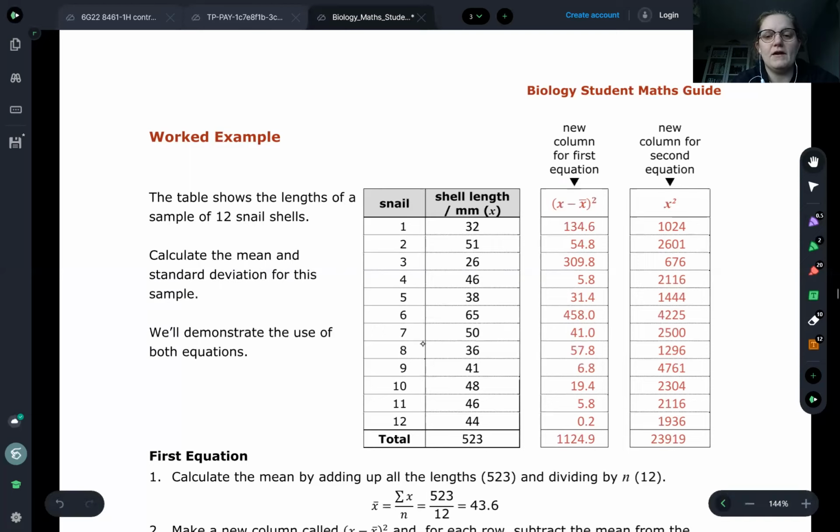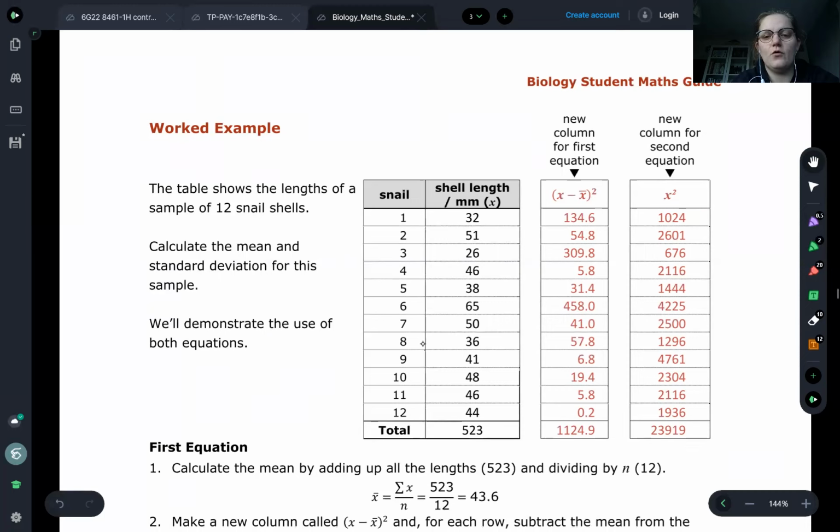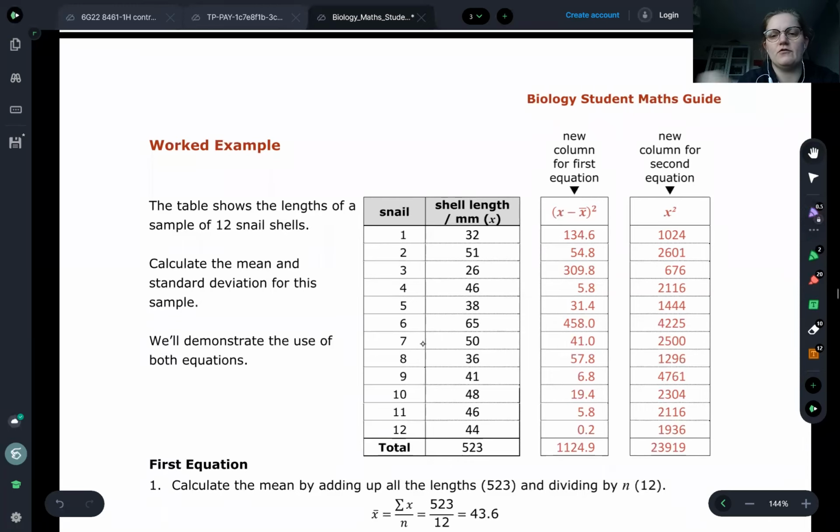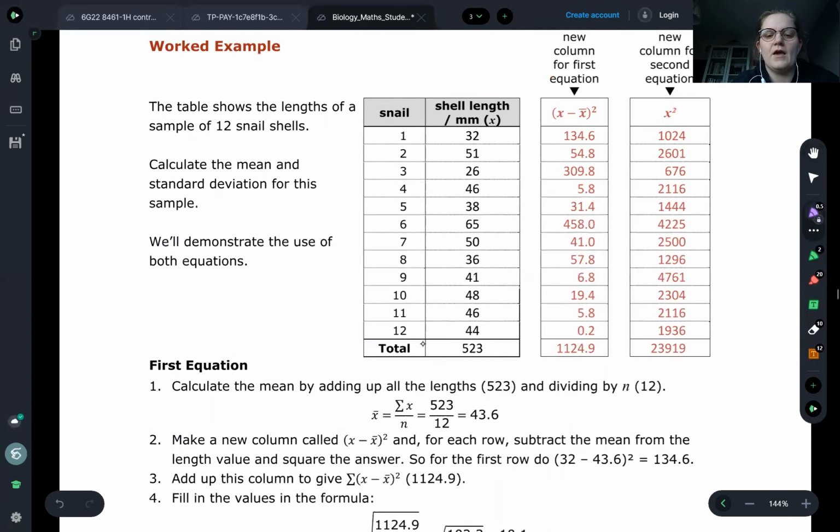To calculate the mean, you add up all the lengths, which totals 523, and divide by the total number of data points, which is 12. So 523 divided by 12 gives us a mean of 43.6. I'm just going to write our mean up here: 43.6. Then we need the standard deviation for the mean.